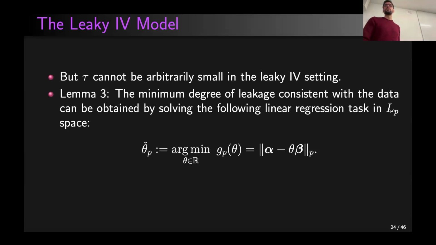For non-L2, it's not necessarily doable in closed form. You'll have to do a numerical thing, but it's always well defined. I say always well defined, but it's not always unique. It's possible that theta check could be a compact interval, but that's an unnecessary complication. Let's just say that it's a point.